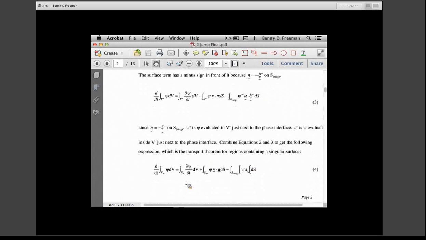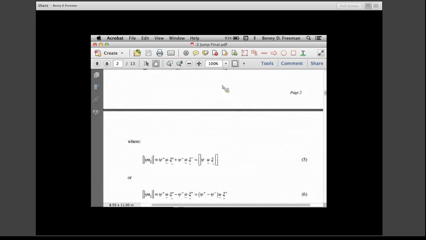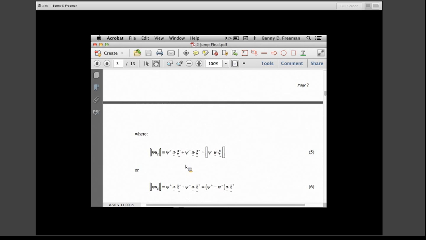And we can add both of these together, and we'll get the result that is shown here. I've used a special nomenclature, these special brackets. We'll see those over and over as we use jump mass balances in the future. And that is just a shorthand way of writing these two terms: it's xi plus times the local velocity on the plus side, or in the gas phase as we've used in this example, plus the same value of, for example, density on the liquid side times the local velocity there.